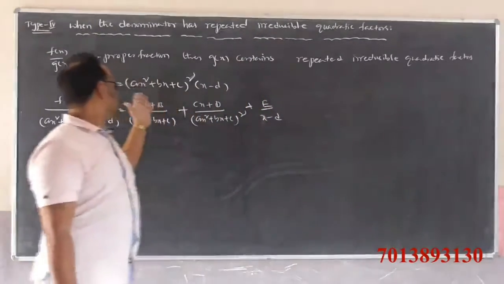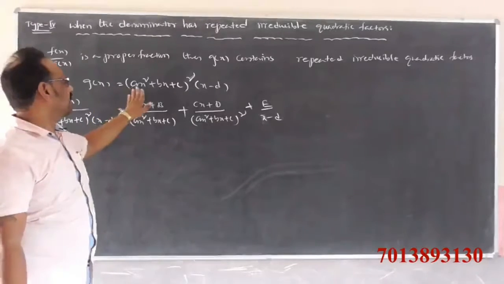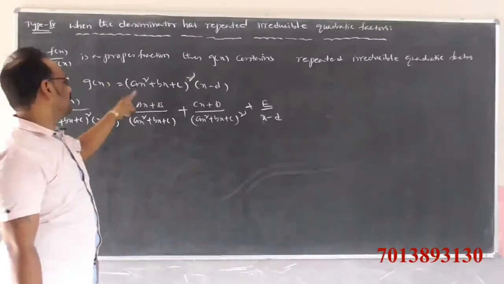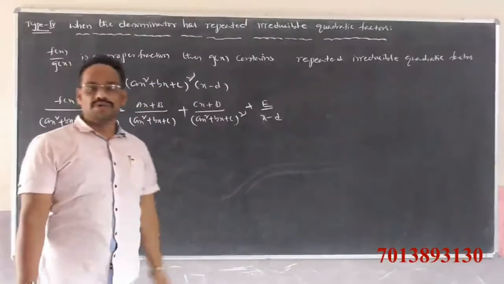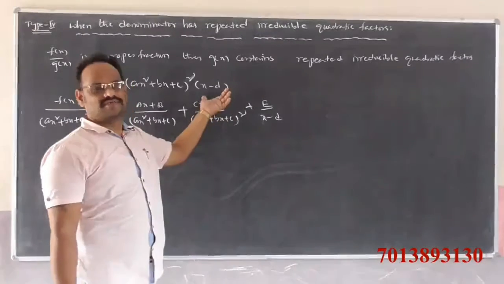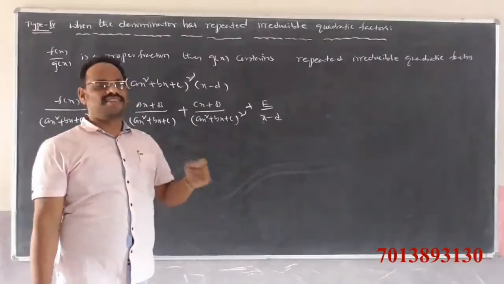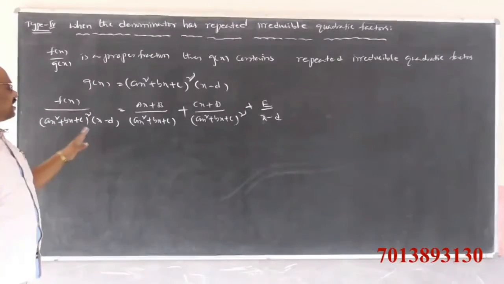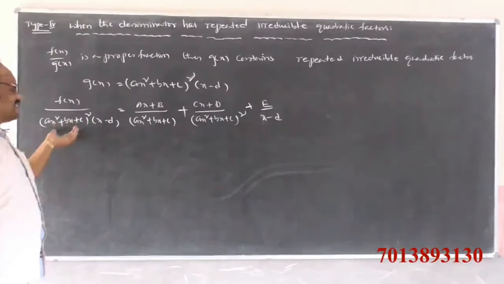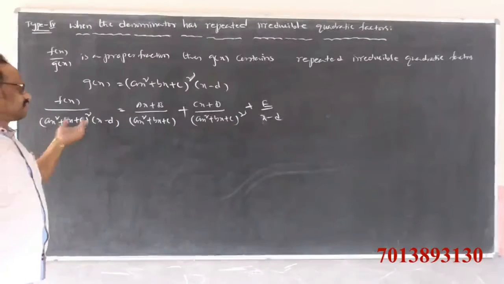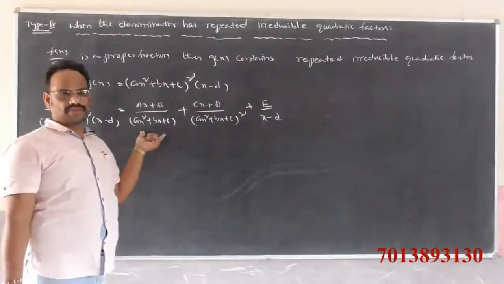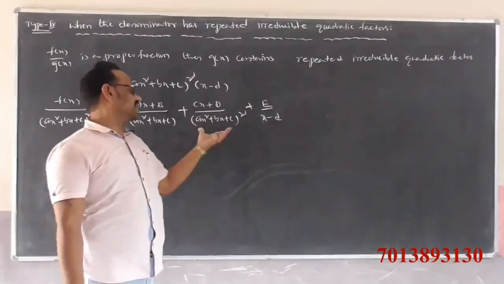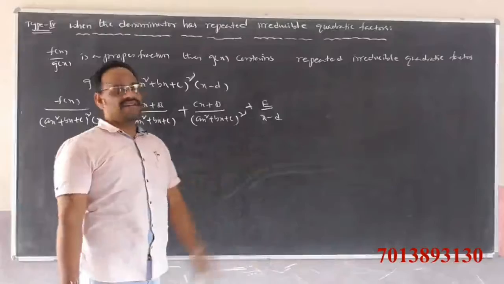Or, this is easy: if the g of x contains repeated irreducible quadratic factors, that means g of x equals ax square plus bx plus c whole square, and also contains x minus d as a non-repeated linear factor, then this can be written as f of x by ax square plus bx plus c whole square into x minus d is equal to, clearly a quadratic factor, so ax plus b by x square plus bx plus c, plus, it contains it again, repeated, so cx plus d by x square plus bx plus c whole square, plus e by x minus d.